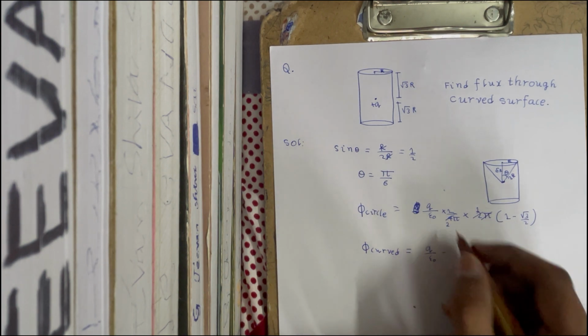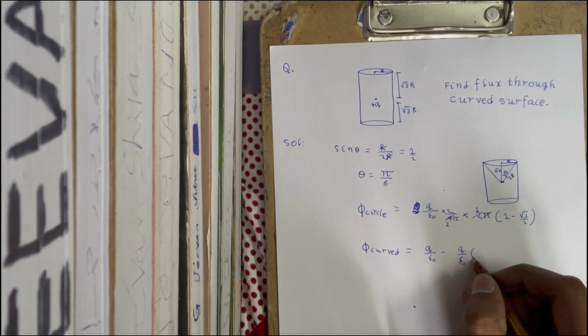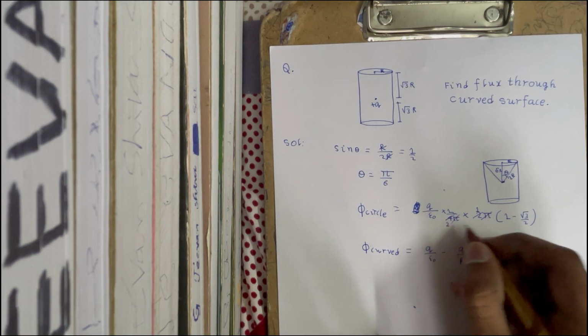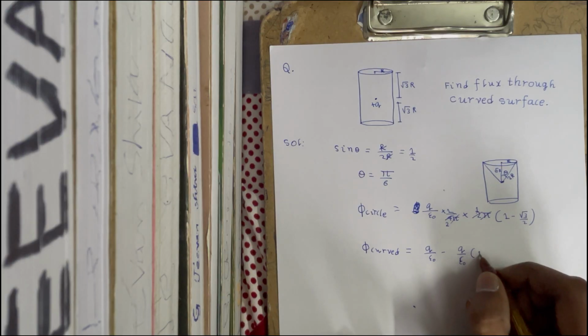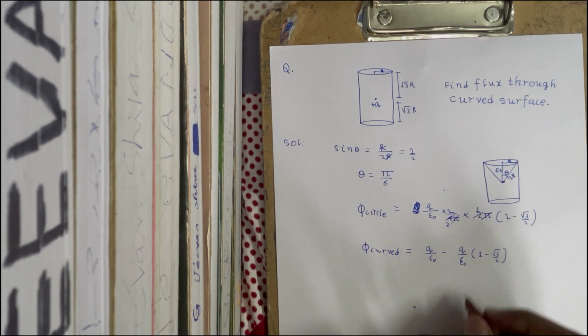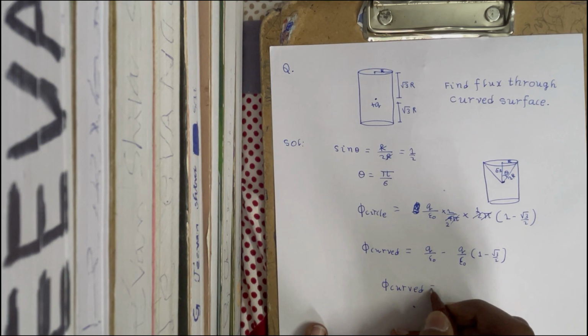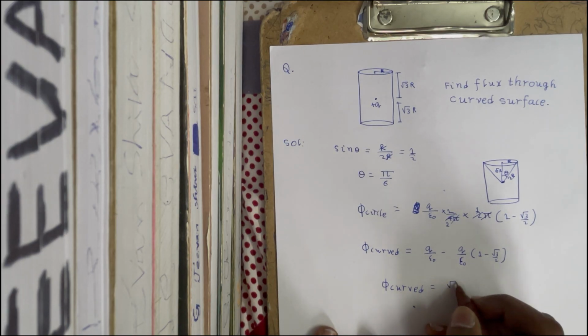So this will be q by epsilon naught of 1 minus root 3 by 2. So finally the flux through the curved surface will be root 3 by 2 q by epsilon naught.